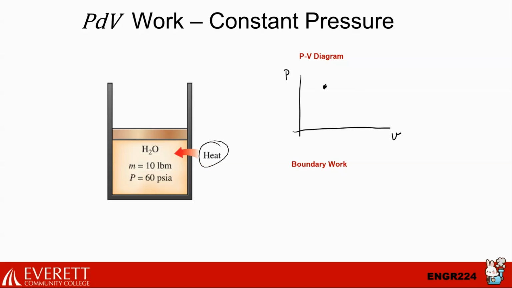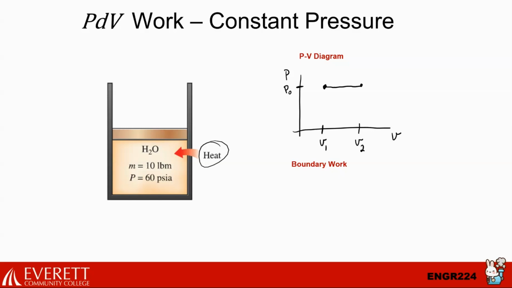So we can say, all right, well, I really have some specific volume at 1, some specific volume as we increase the temperature of that substance to 2, but what's going to happen is that my pressure is going to remain constant. And oftentimes we'll use a P sub 0 to designate that pressure is constant.